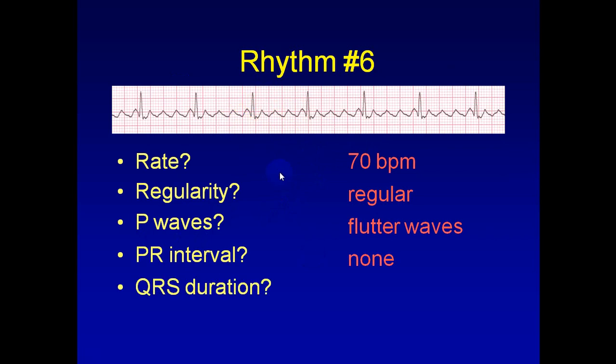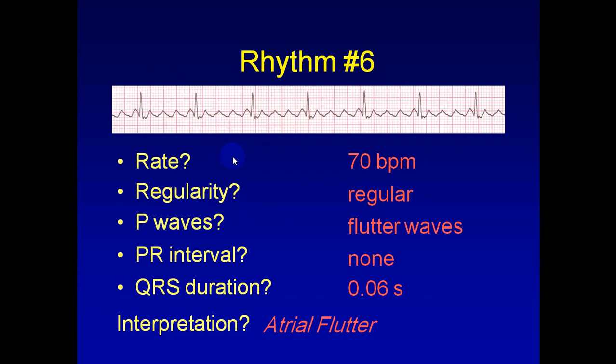The QRS duration is normal, still impulses coming from above the ventricle, and this is what's called atrial flutter.